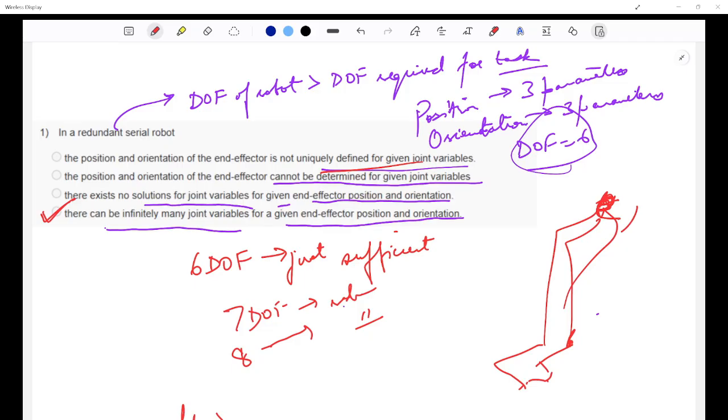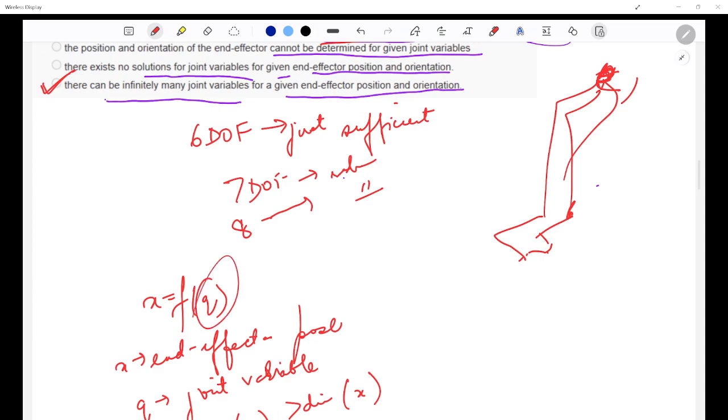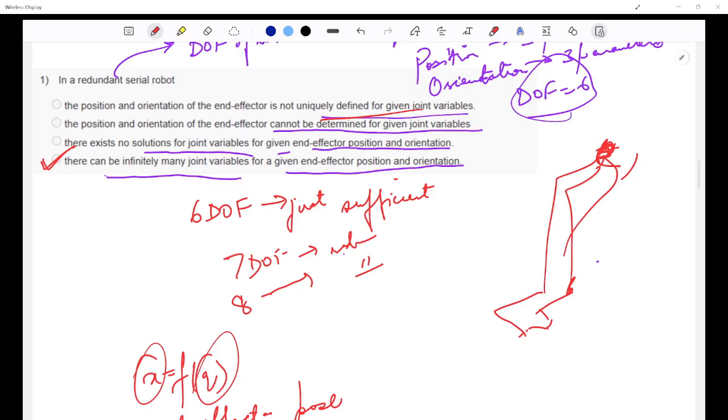For a given q, the pose x is unique, therefore it is not correct. The second option is the position and orientation of the end effector cannot be determined for given joint variables. This means forward kinematics cannot be solved, but forward kinematics is always solvable. Given the joint angles, the pose can always be computed, therefore it is incorrect.